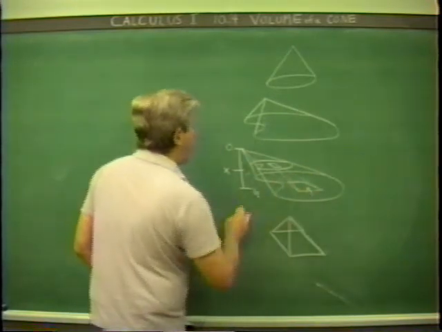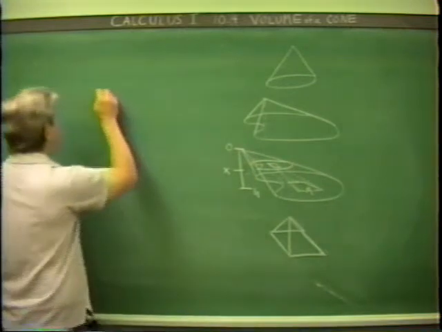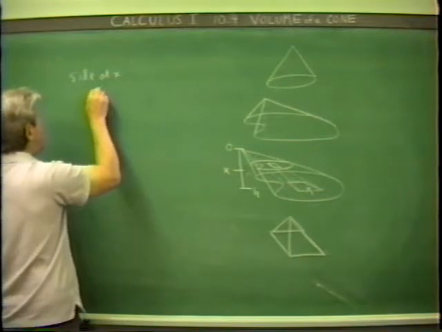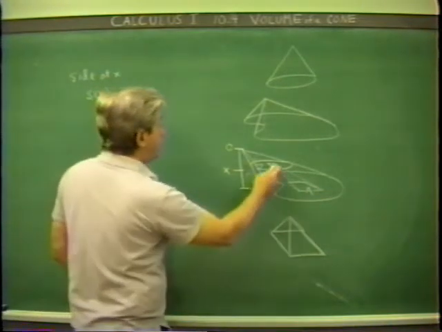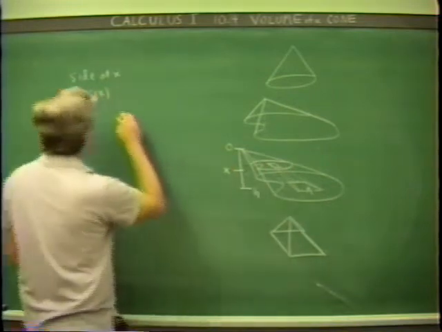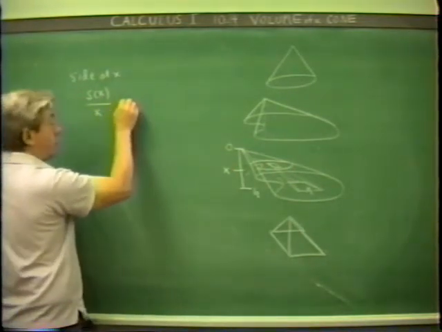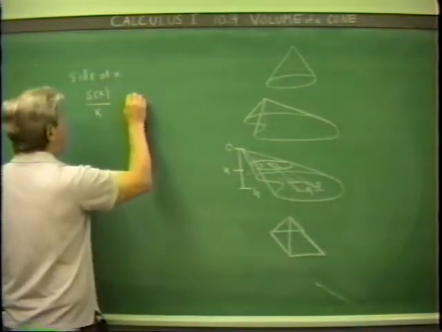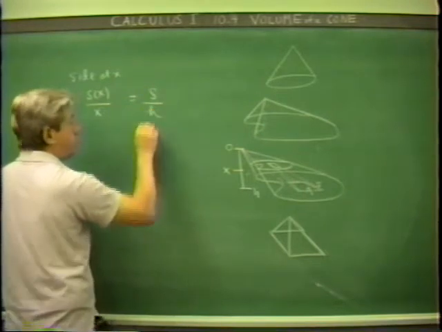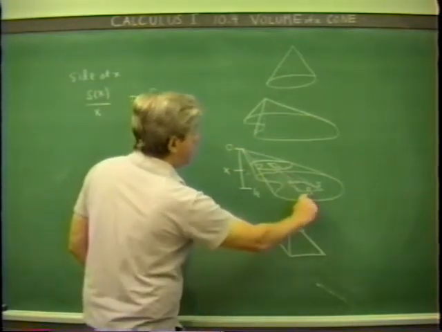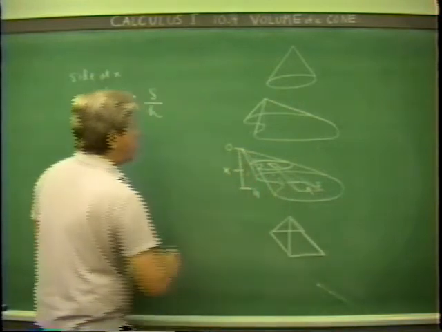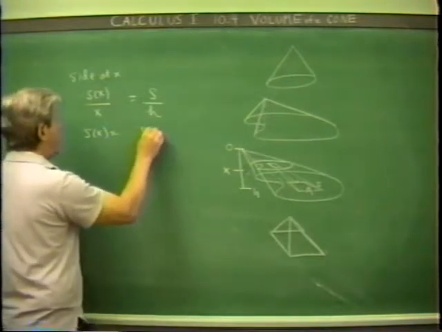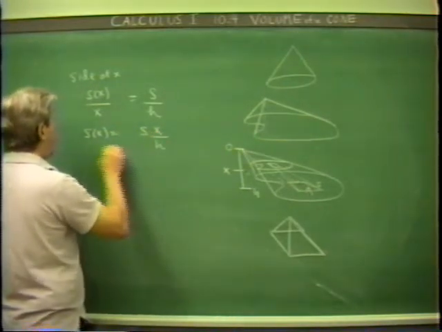Now, if this square has for its side at x, s(x), then by similar triangles, s(x) is to x as s, the side of the projected square down here, is to h. This side is to this side as x is to h. So s(x) is equal to sx over h.